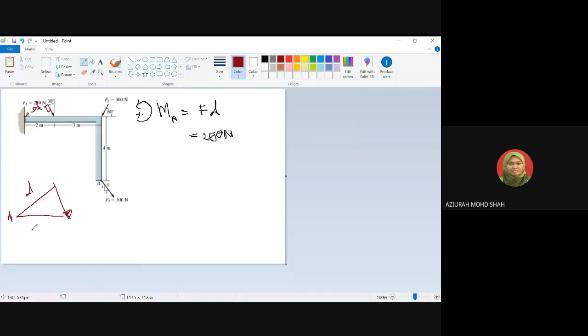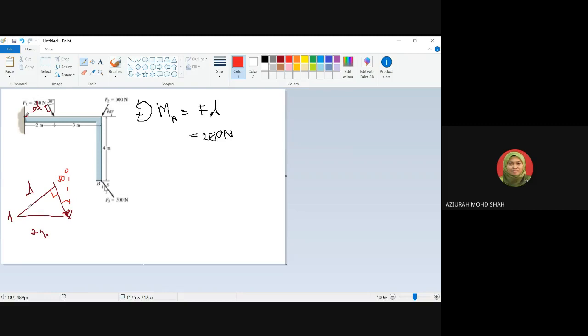Okay, so this is 2 meter. Okay, angle 30 degree. Alright. So, this is 90.